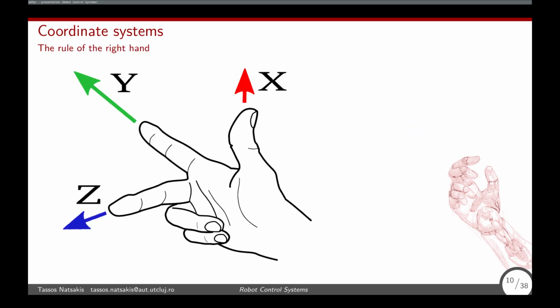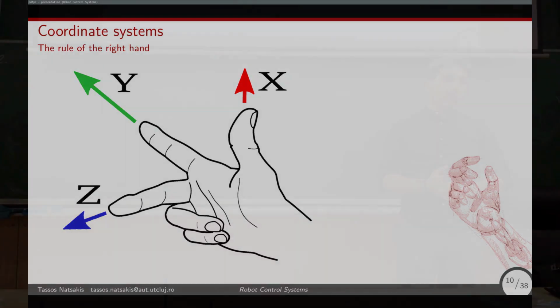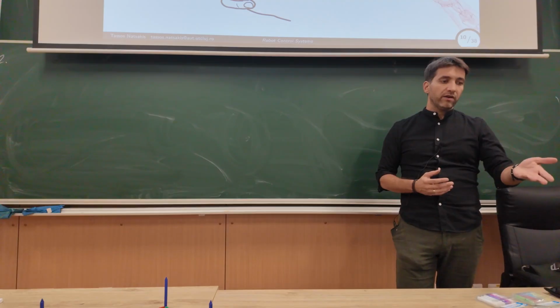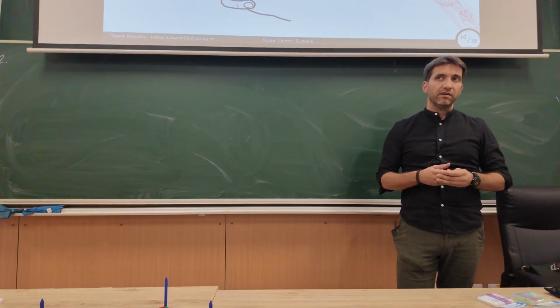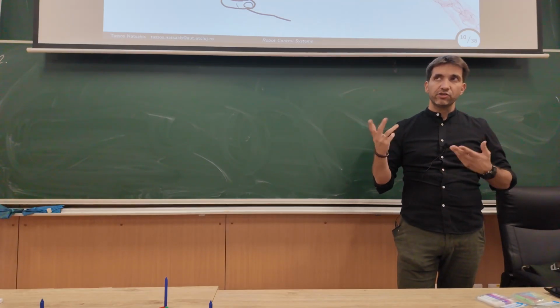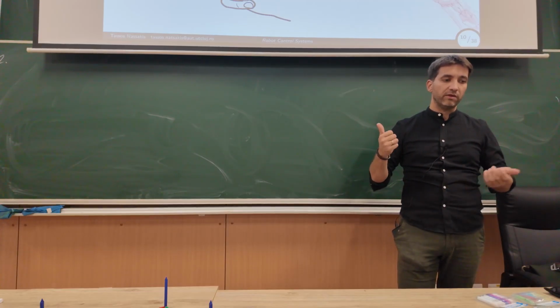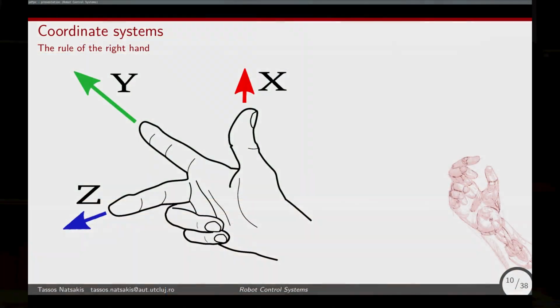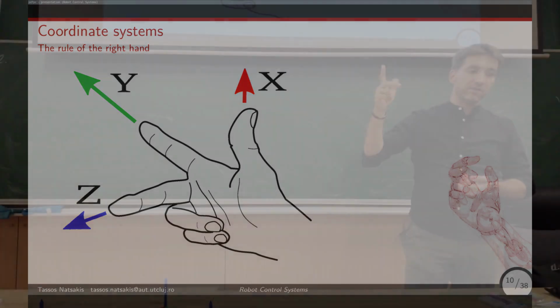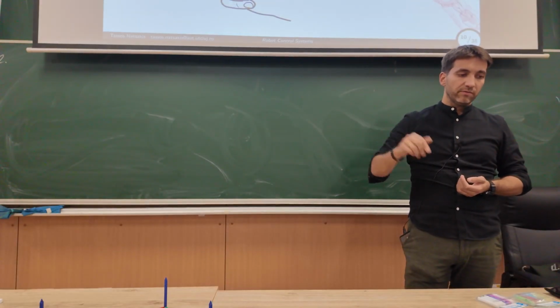And they have to respect that convention we use to follow the rule of the right hand, which basically gives us the direction of the axes. It goes like this: if my thumb is pointing towards the x axis, the index finger towards the y, then the middle finger will show me where is the positive z direction, right? So we need to follow this convention.